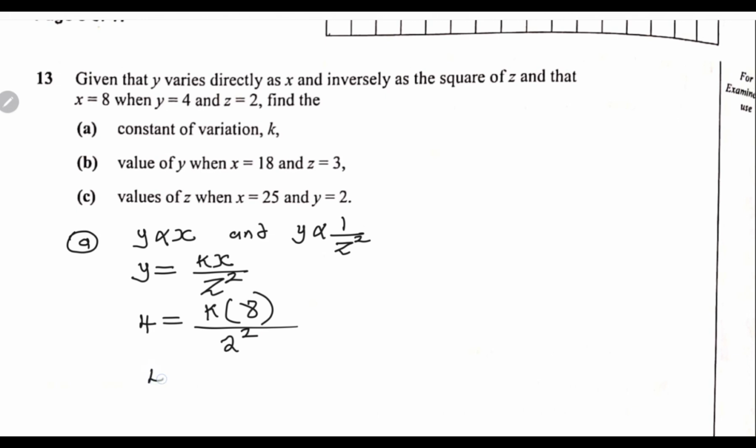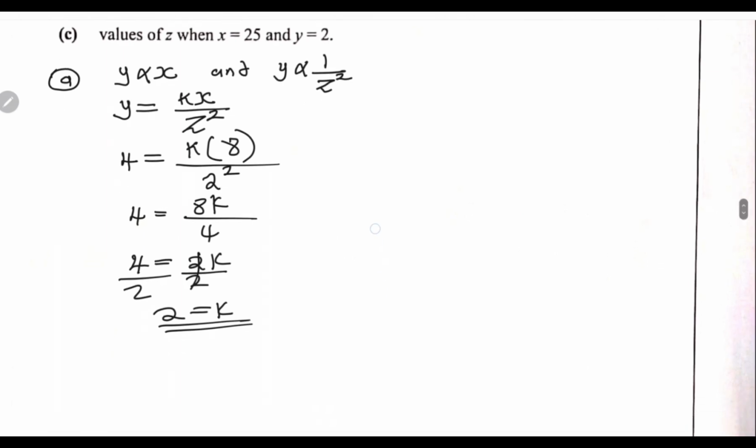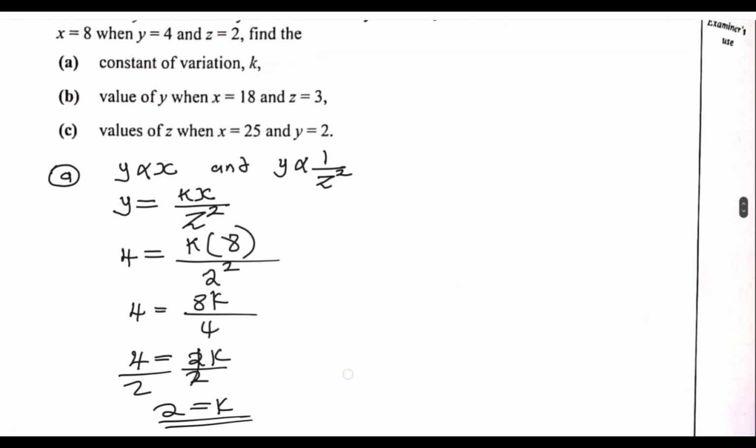This is going to be 4 equals 8k over 4. 4 into 8, the answer is 2. So we are having 4 is equal to 2k. We divide by 2, our k is equal to 2. So the value of the constant k is equal to 2. So that is the answer for part A.